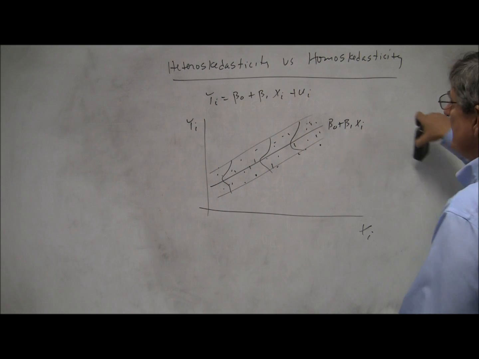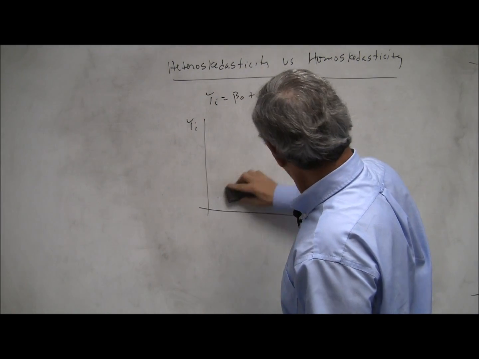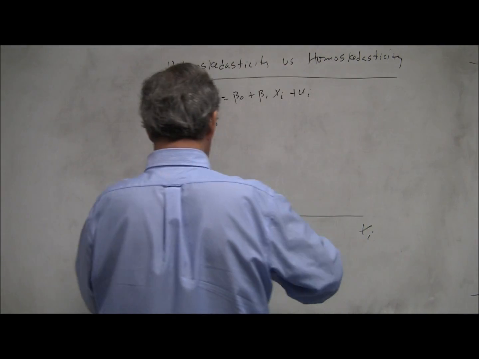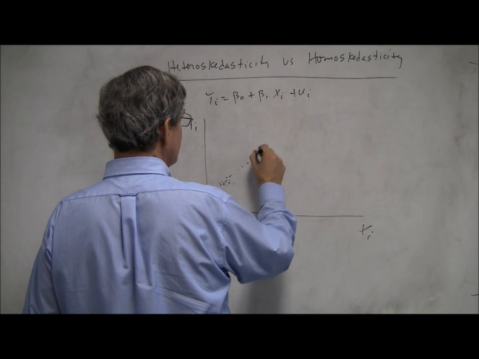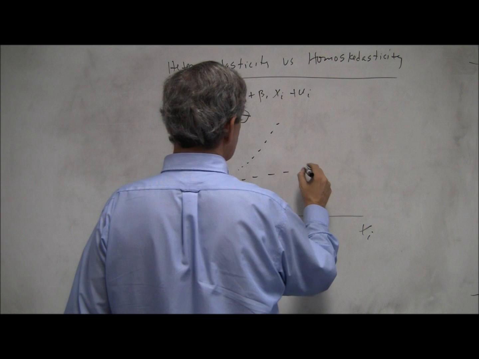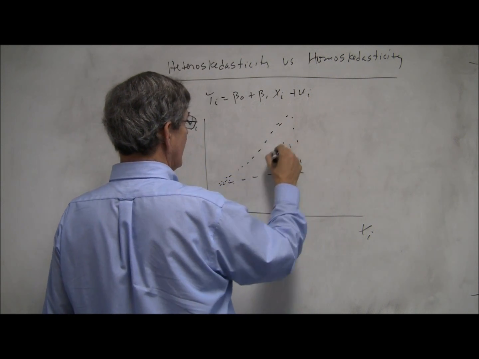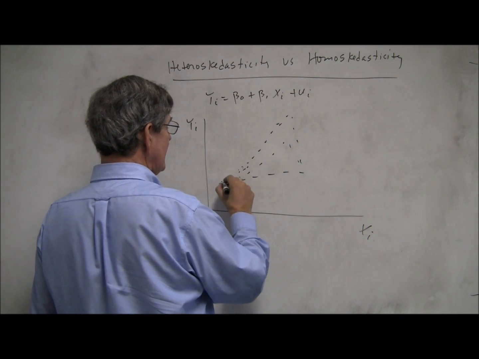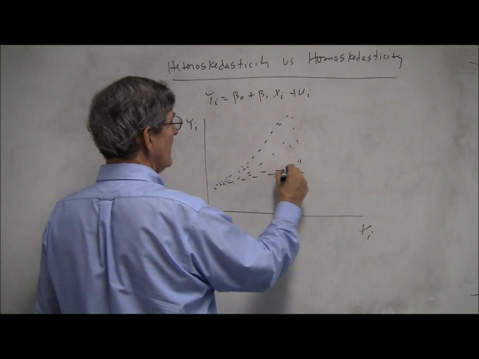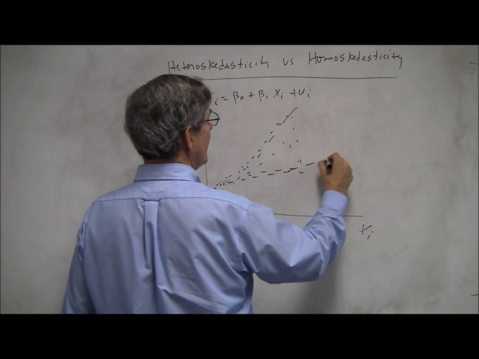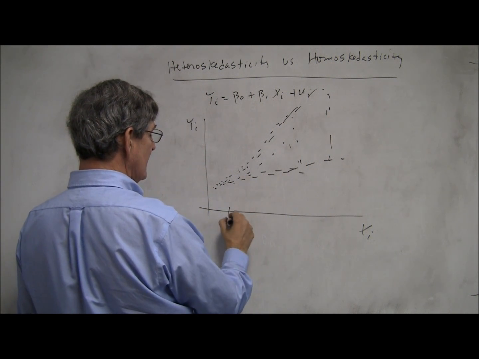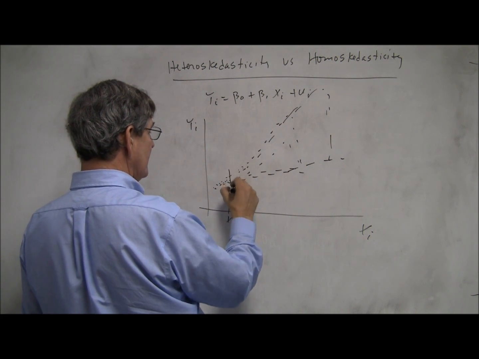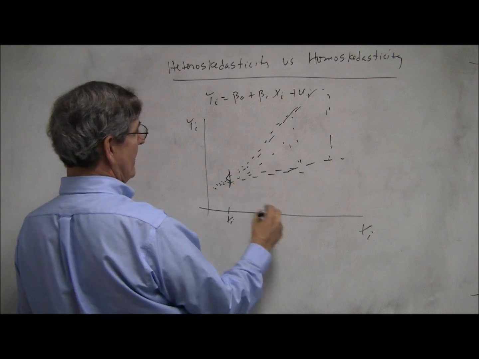Often, though, when you look at economic data, what you'll see is they'll start off with a fairly nice distribution. But as you get further and further out here, the spread will get larger and larger. You'll have lots of data, but you can see that down here they're fairly compact. As you move further and further out in the x direction, you get a bigger spread of the data. So what's happening is, conditional on xi, you've got a really small variance.